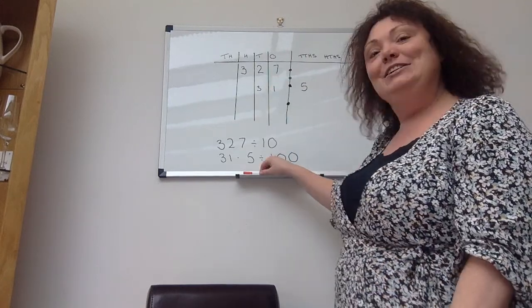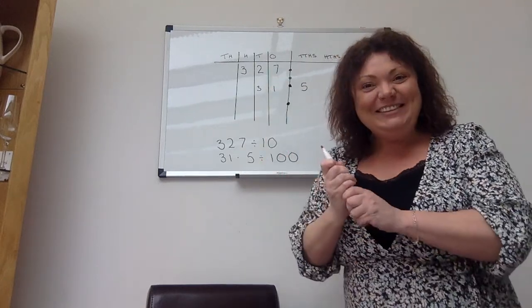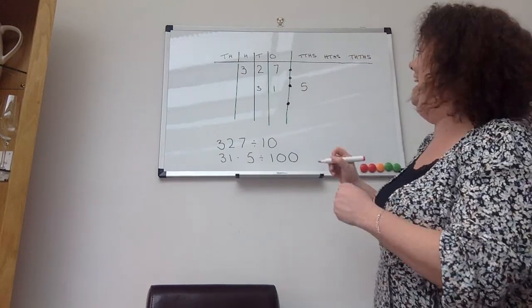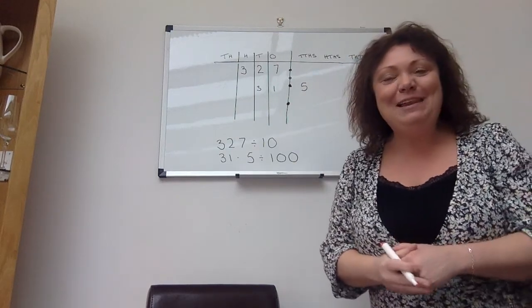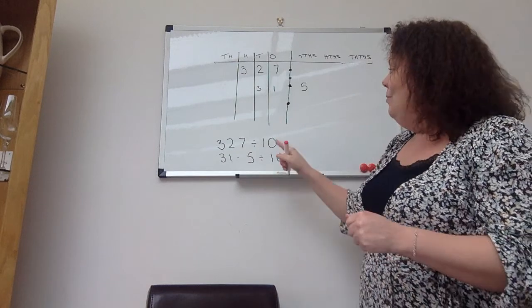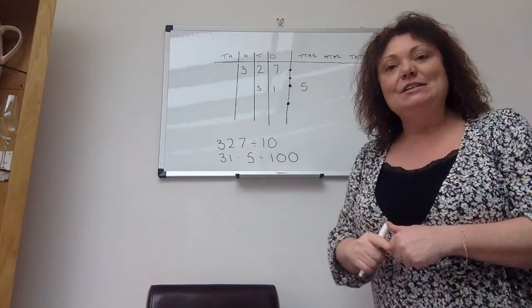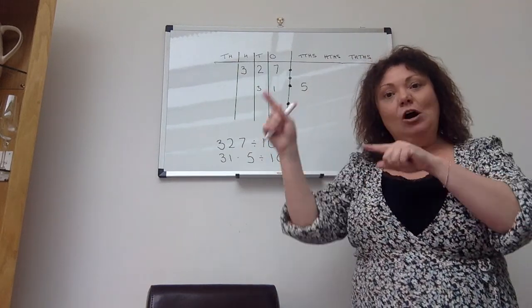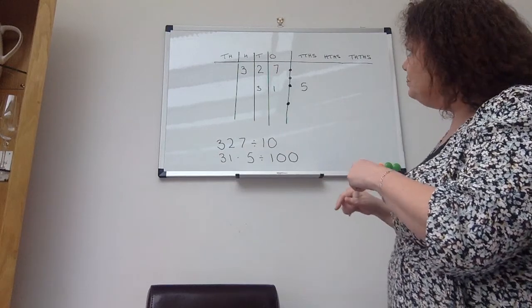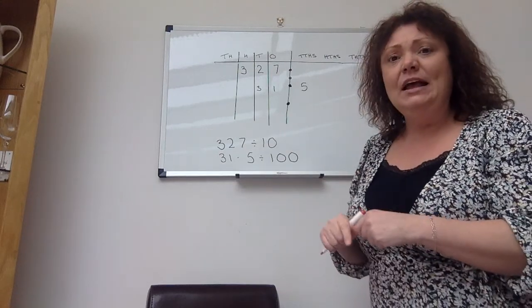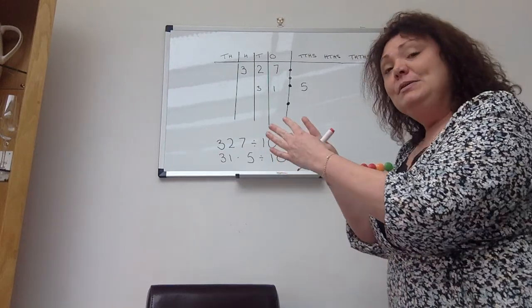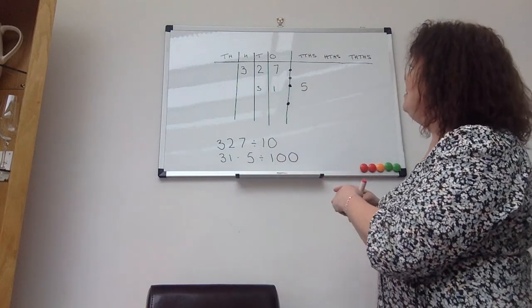I'm going to change the colour of my whiteboard pen. And how many places am I going to move it? Well, I'm going to look at that 0 and I'm going to say there's 1 zero there. So I'm going to move it one place, okay? It's going to get smaller, so it is going to move to the right.